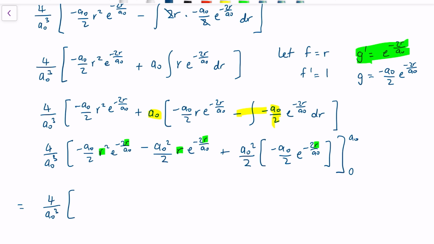When we sub in a naught into the first term, we get an a naught cubed, okay, because there'll be 3 a naughts in that whole term, and that's going to cancel with the a naught cubed there. We're going to get the same thing with the second part. Second term's got an a naught cubed cancelling, and the third one's going to have an a naught cubed cancelling.